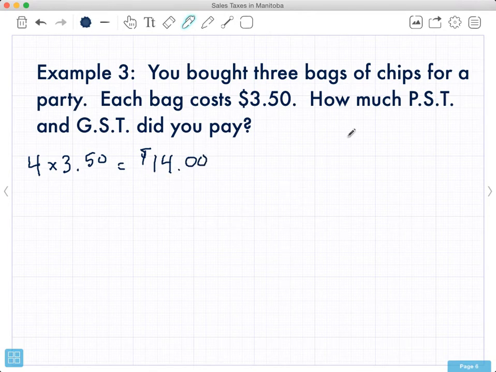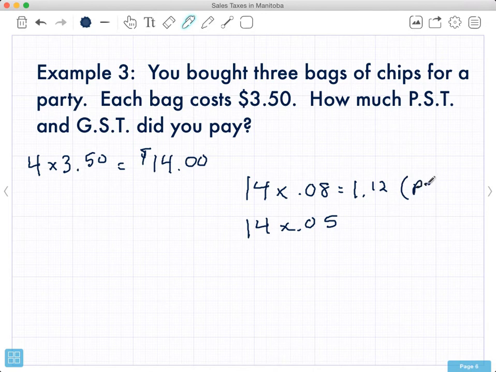If they want to know how much PST and GST we paid, we are stuck going back to multiplying the 14 by the PST, which is 8%, and the 14 times the GST, which is 5%. 8% of $14 is $1.12.